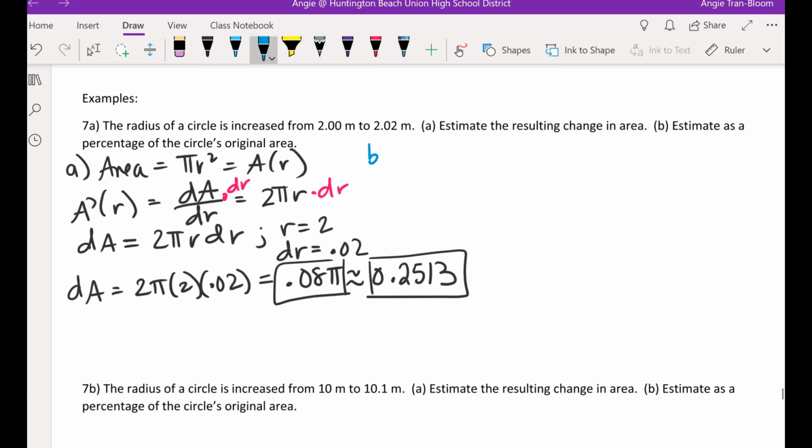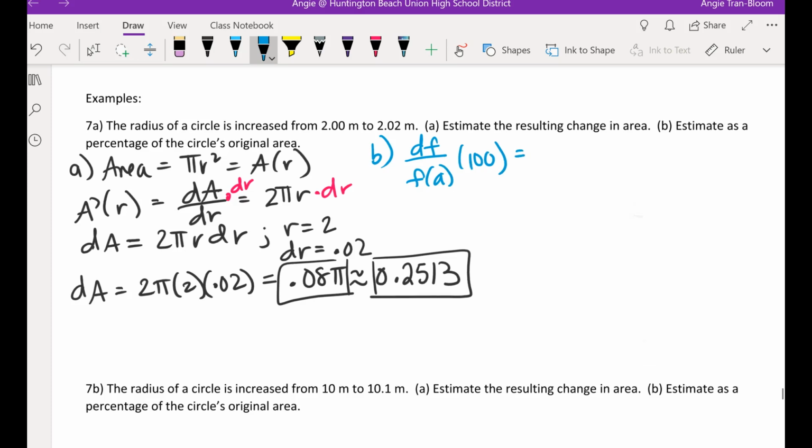B, estimate as a percent of the circle's original area. So that means percentage means df over f of a, and then I'm going to multiply by 100. Well, I don't have f, I don't have df, but I do have dA, right?